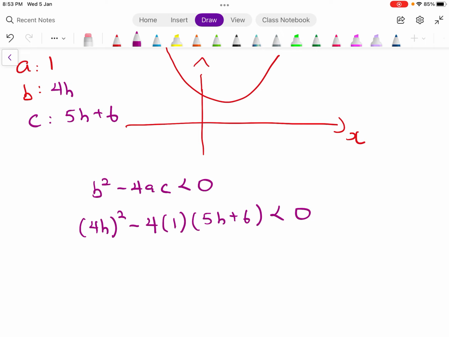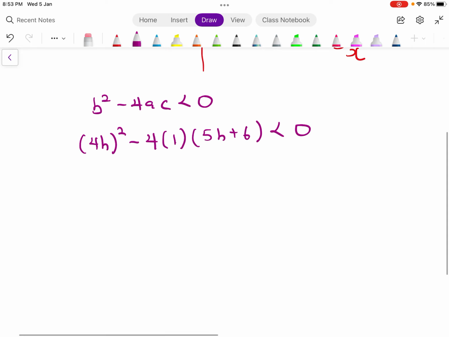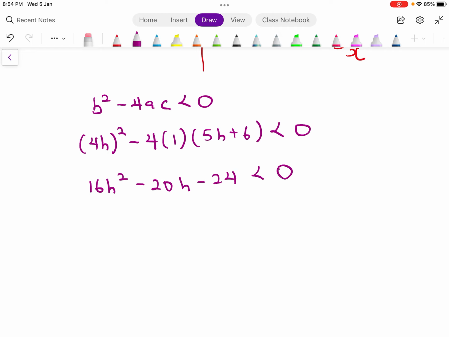So our inequality shouldn't have any x inside. Now I manipulate. (4h) squared is 16h squared, then minus 20h minus 24 less than 0.